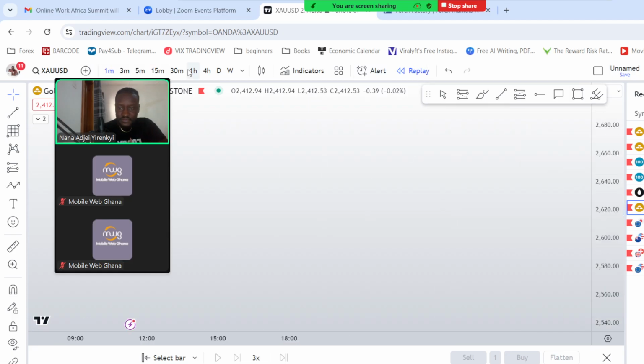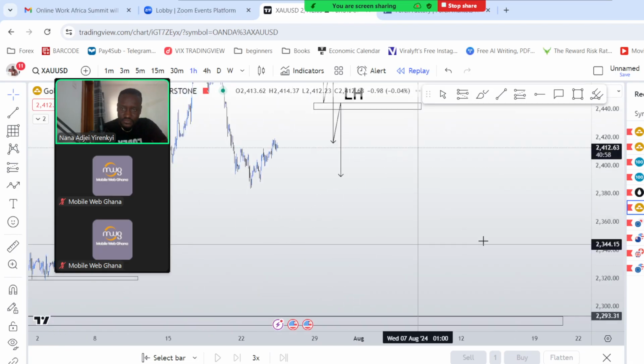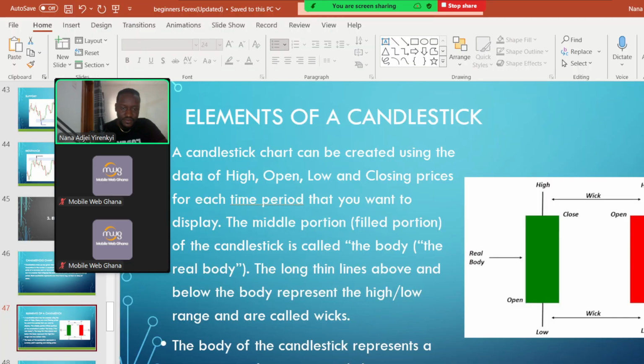I won't go back into the candles. So that is it for the types of candlesticks: the bullish candle and the bearish candle. Because the bullish candle is pushing to the upside, mostly the opening price is below.